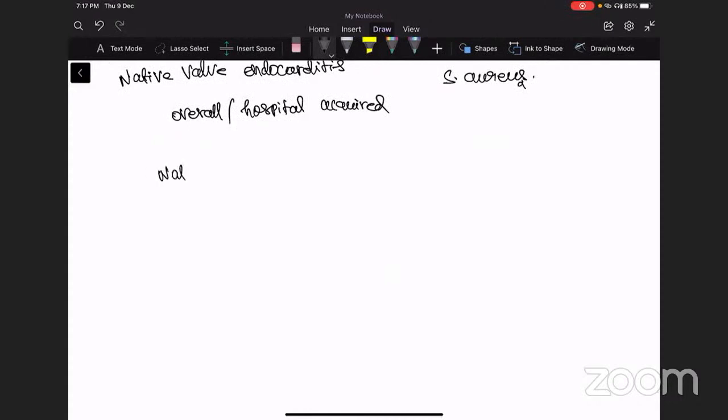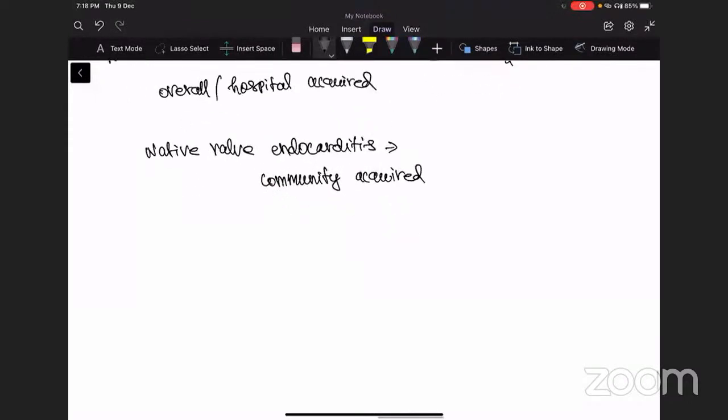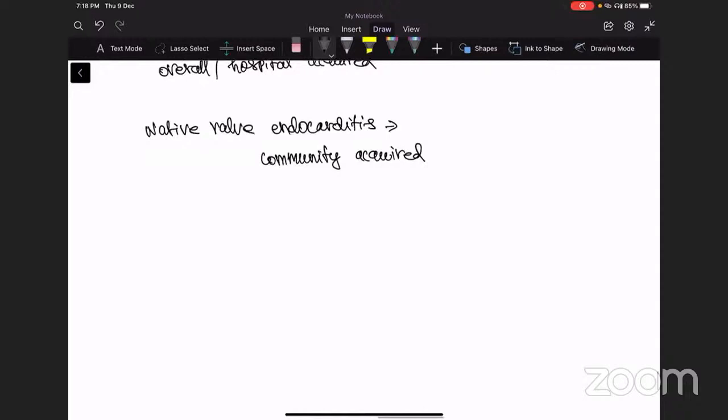Native valve endocarditis, community acquired. Yes, community acquired is strep viridans.